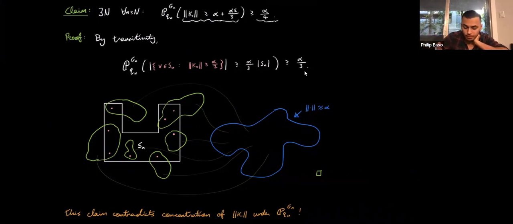And the proof, okay, here's the proof. You fix your subgraph Sn, which is a deterministic subgraph. And that's what I've drawn here in white. And what you do is you say, look at the set of vertices in Sn that have the property that their largest cluster is reasonably large, size alpha over 2.